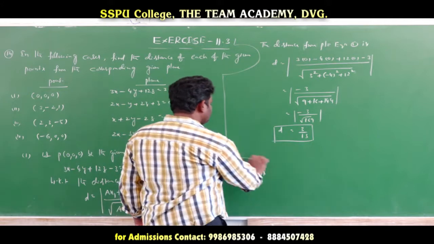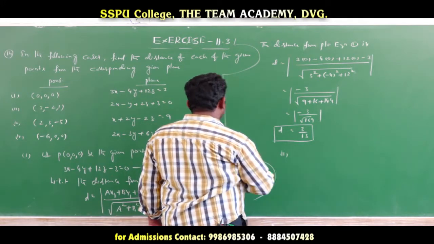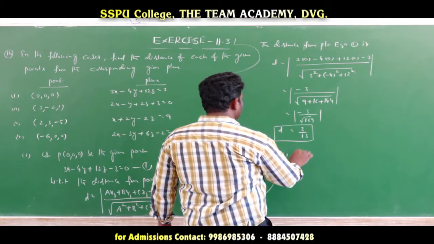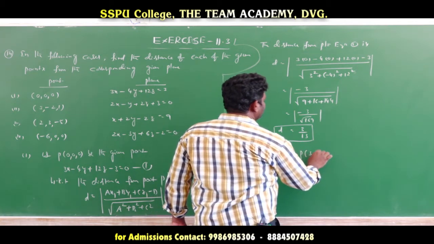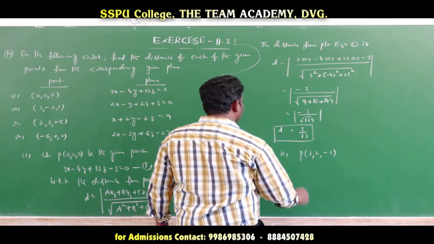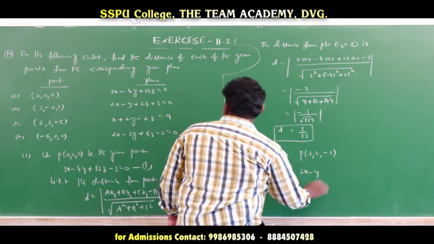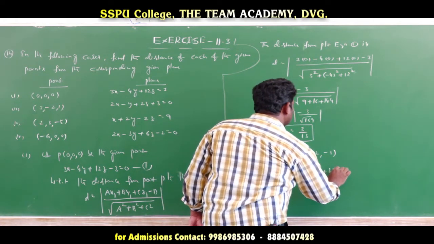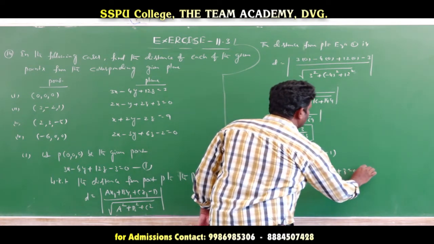The second one is the same type of model. Let the given point be P of 3 comma 2 comma minus 1 and the given plane 2x minus y plus 2z plus 3 is equal to 0.